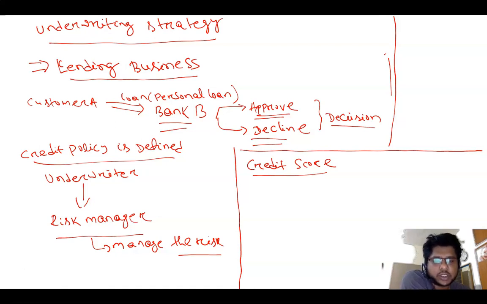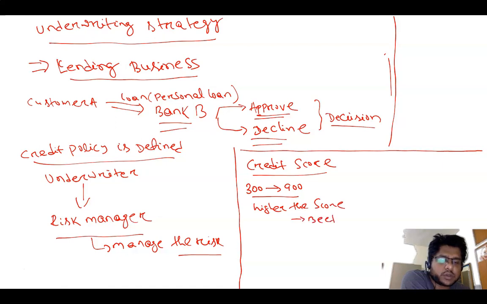Credit score generally ranges from 300 to 900, in the Indian context I'm talking about. What does this mean? The higher the score, the better is the customer. The lower the score, the worse is the customer.